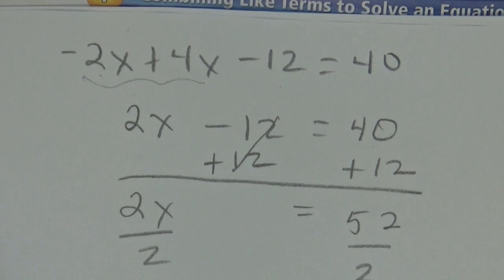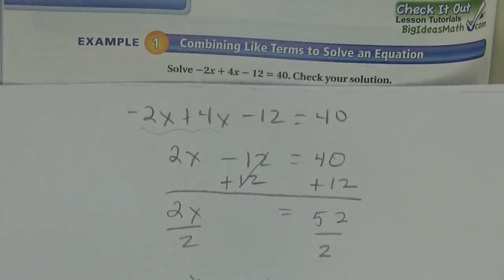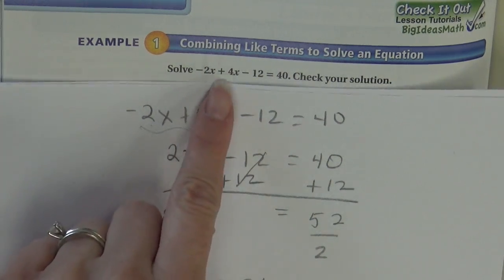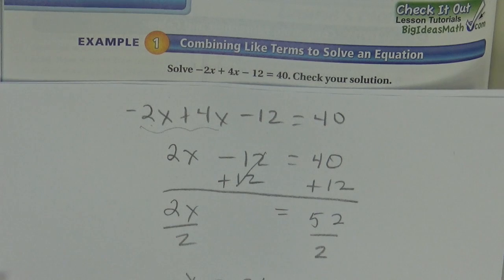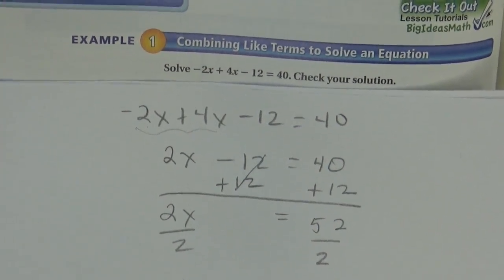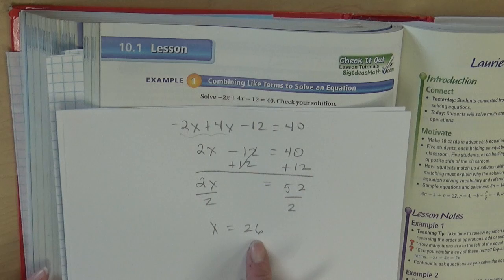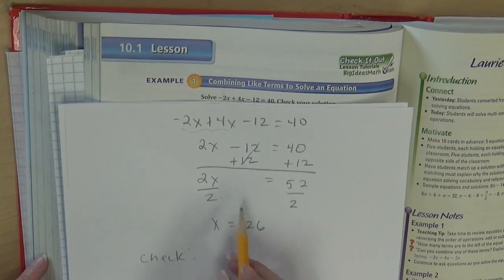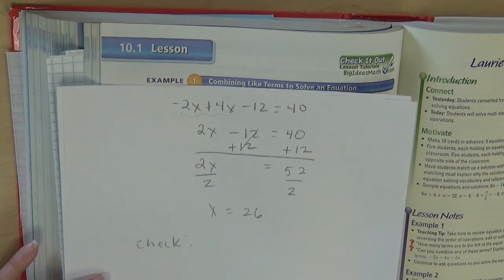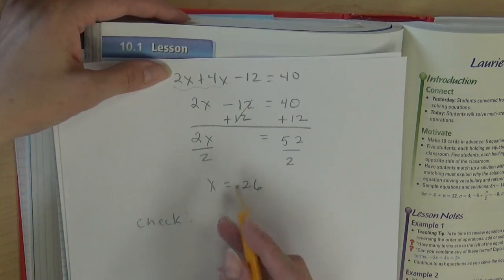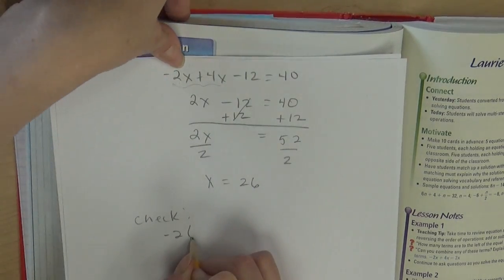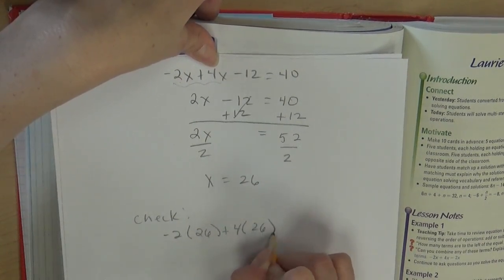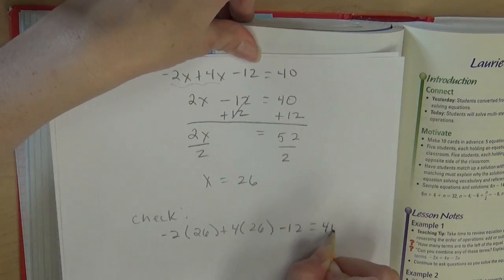Now the directions ask me to check my solution, so 26 has to go back into the original problem for x. For my check work, I'm going to put 26 in place of x. So I have negative 2 times 26 plus 4 times 26 minus 12 equals 40.